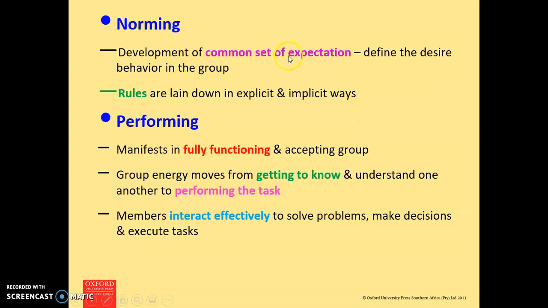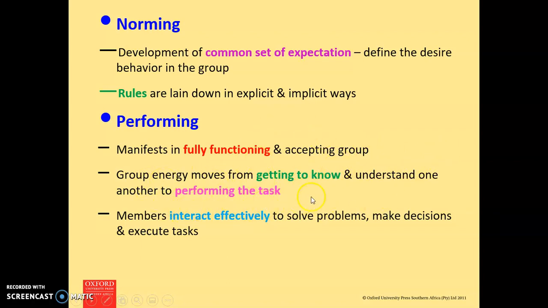So next stage, after they are comfortable in their own roles, now they can fully function as a group or as a member in the group. So performing is manifest where they are fully functioning and accept the group as what it has been assigned for. The group's energy now is moving from getting to know each other or understanding each other to performing the task.